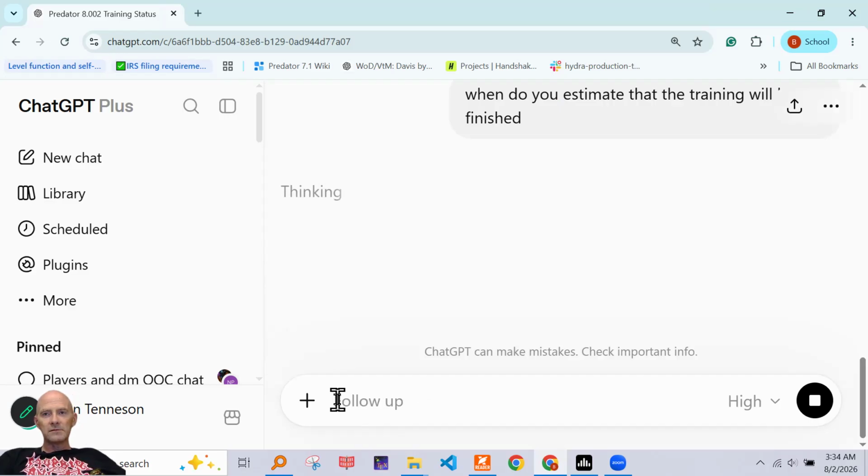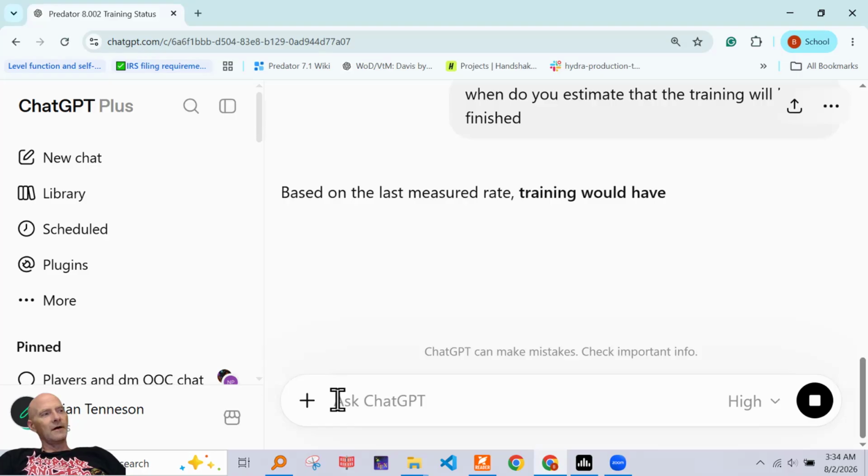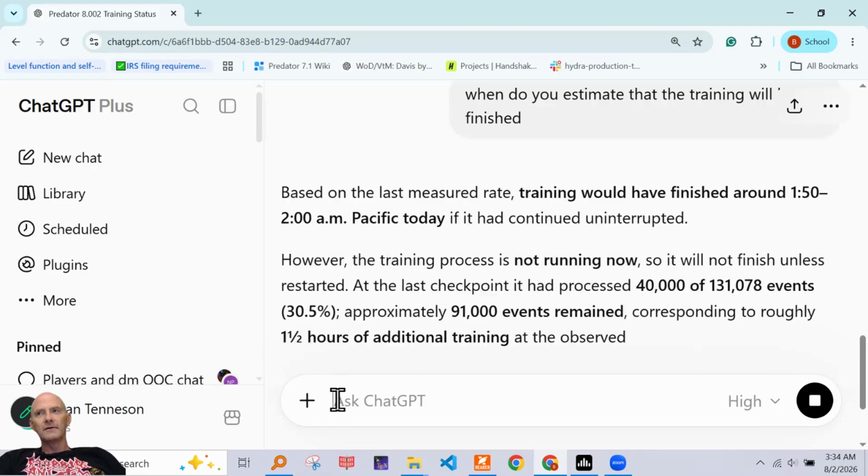That wasn't that hard. Who likes typing anyway? I don't. Typing for me is really difficult now because I have issues with typing. Would have finished around 2 a.m. Oh, if it was uninterrupted.